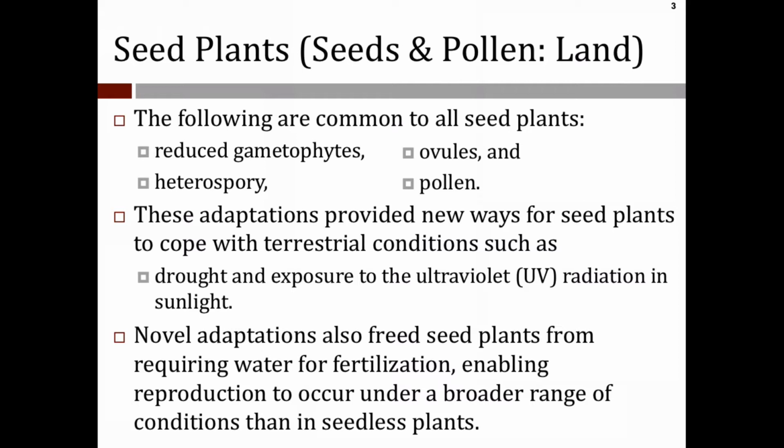In other words, they allow those plants to thrive in an area exposed to ultraviolet radiation. Since these are land plants that produce seeds, there is no longer a requirement of water for fertilization. Hence, these plants can live throughout the terrestrial environments.